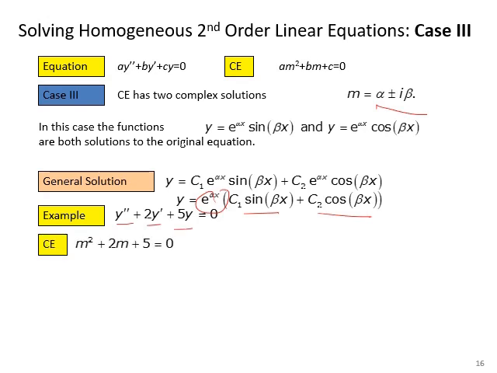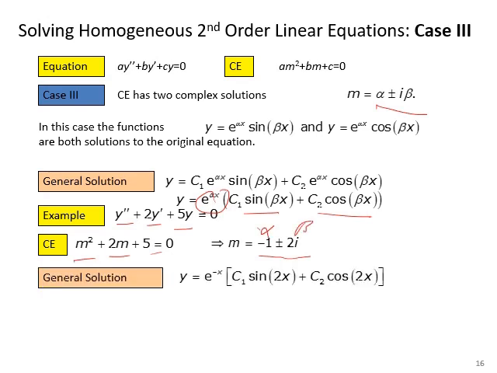Now write the characteristic equation, m square plus 2m plus 5 equals 0. Use the quadratic formula. I get the roots minus 1 plus minus 2i, or j, whatever. Now this is alpha and this is beta. 2 is beta. Now I can write the final answer: exponential minus x, since alpha is minus 1, times cosine 2x and sine 2x.